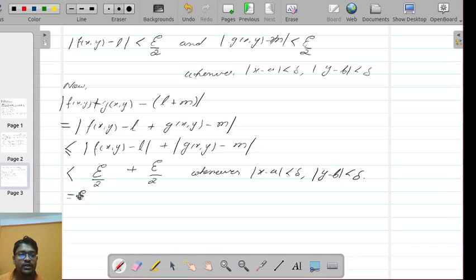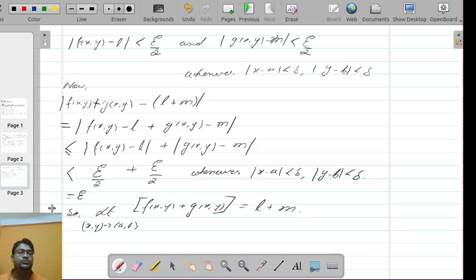Since epsilon is arbitrary, this implies that the limit as xy tends to ab of f of xy plus g of xy is actually equal to L plus m. So this is the proof. For the second one, I leave it to you as an exercise. You try to prove the second one.